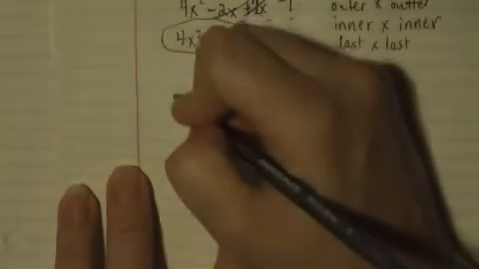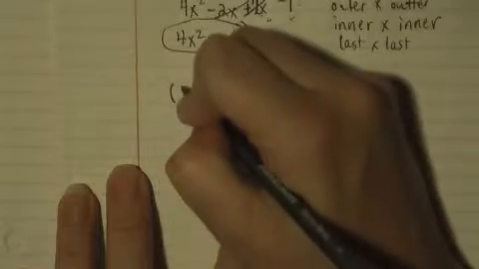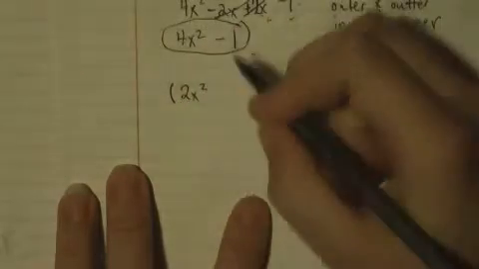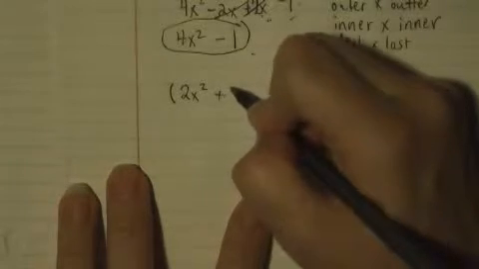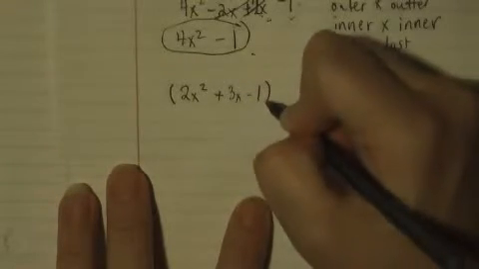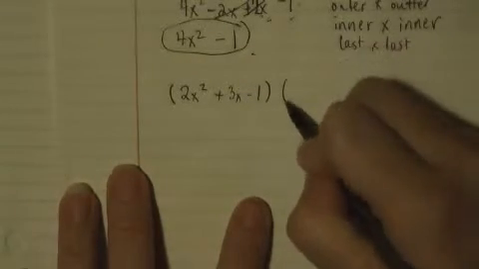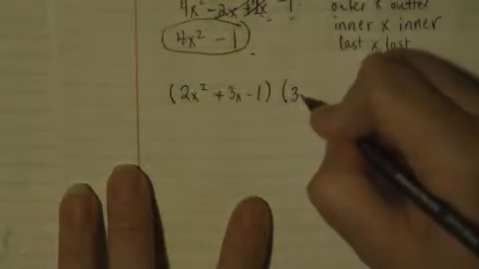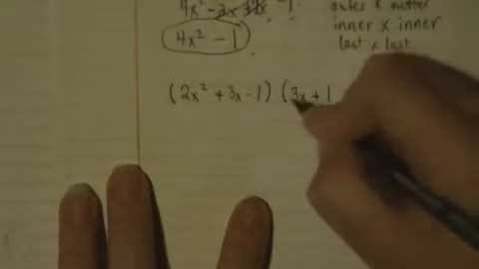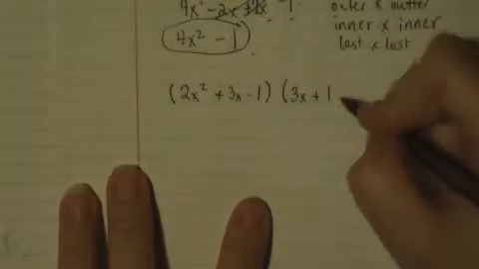Okay. Then if we have a longer, let's say we have a trinomial. Trinomial just means it's a polynomial that has 3 terms. So we're going to start with 2x squared plus 3x minus 1. And we want to multiply that by a binomial, which is a polynomial that has 2 parts: binomial 2 parts, trinomial 3 parts.